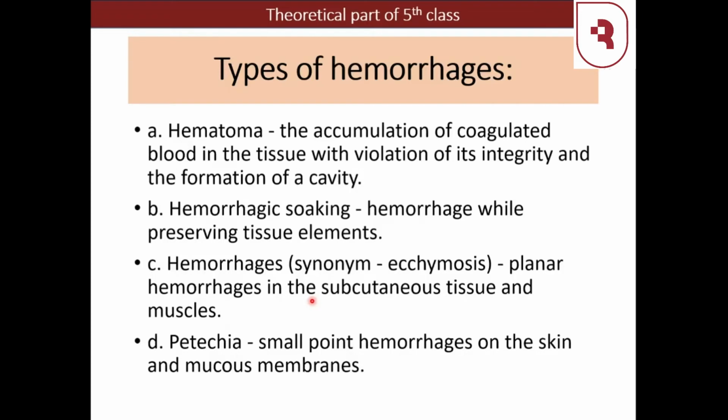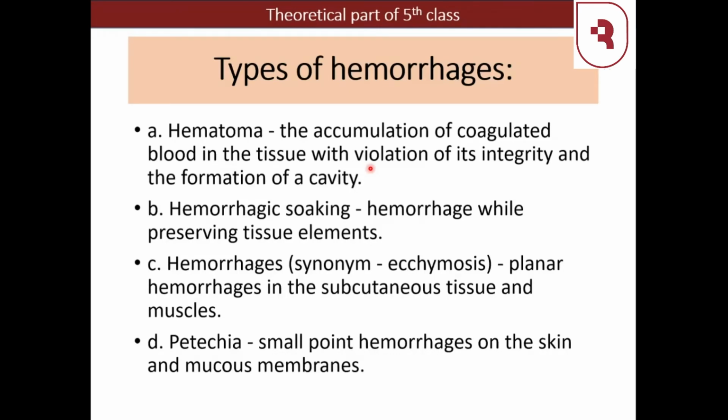So the most important morphological marker of hematoma will be the cavity. In hemorrhagic soaking, we will see a lot of erythrocytes between the cells of the tissue, and it will be soaking.